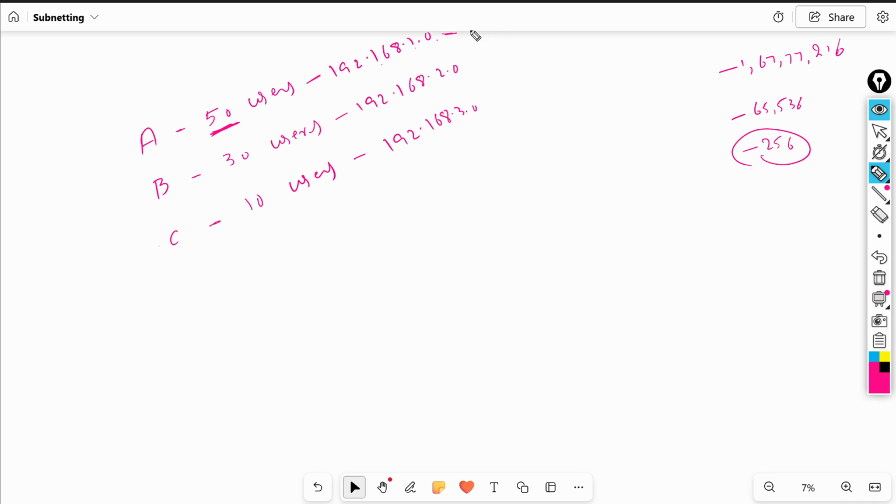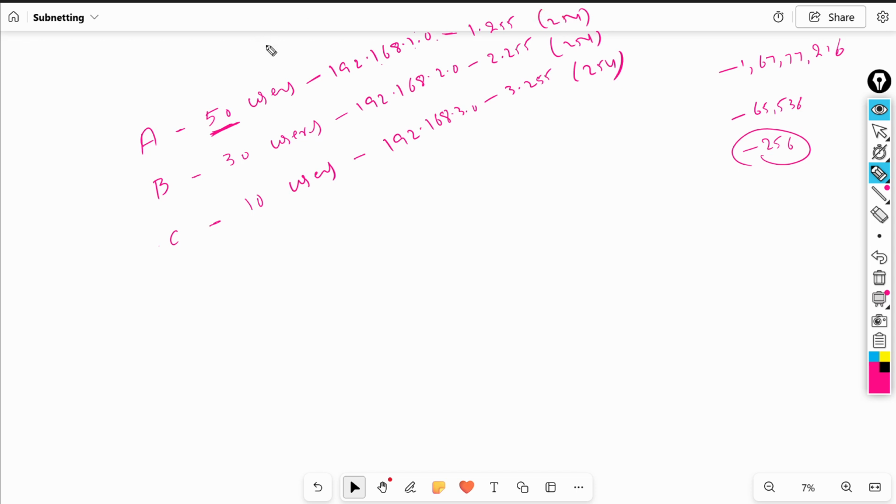The range is 1.0 to 1.255. Here also 2.0 to 2.255. Here also 3.0 to 3.255. So in every network we have 254 valid IPs, only 254, because the first IP is the network ID and the last IP is the broadcast ID.